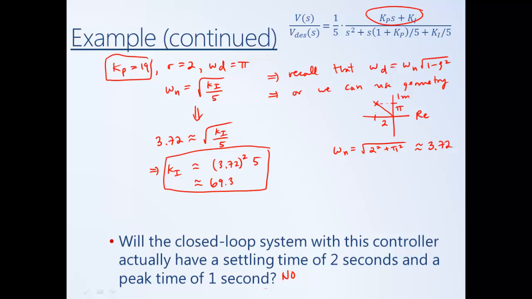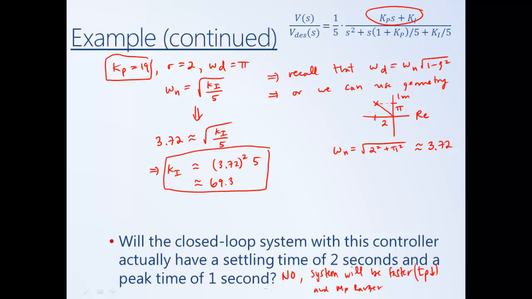So if you recall, the presence of a 0 tends to increase overshoot and decrease peak time, or make the system faster. So smaller TP than predicted, probably less than a second. And MP will be larger than predicted.